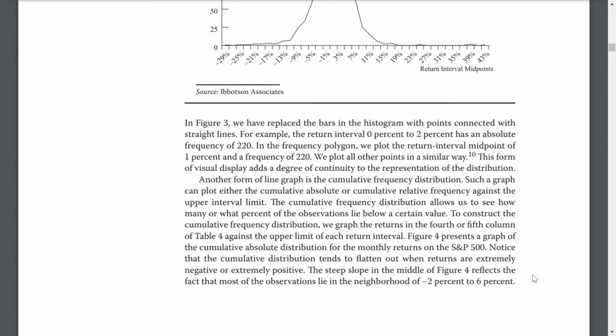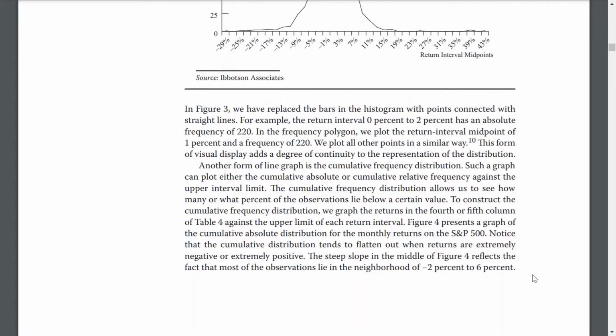Figure 4 presents a graph of the cumulative absolute distribution for monthly returns on the S&P 500. Notice that the cumulative distribution tends to flatten out when returns are extremely negative or extremely positive. The steep slope in the middle of Figure 4 reflects the fact that most of the observations lie in the neighborhood of -2 to 6%.